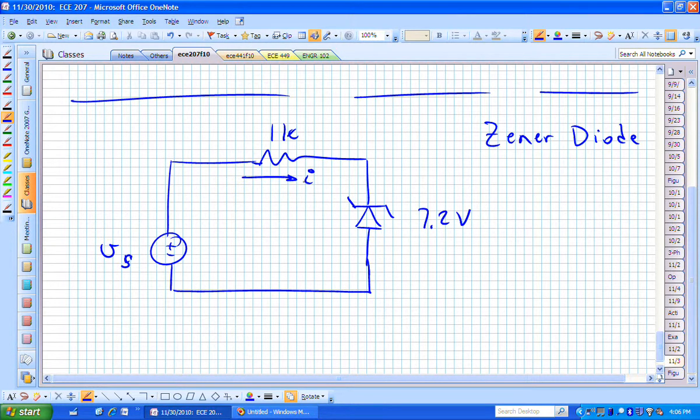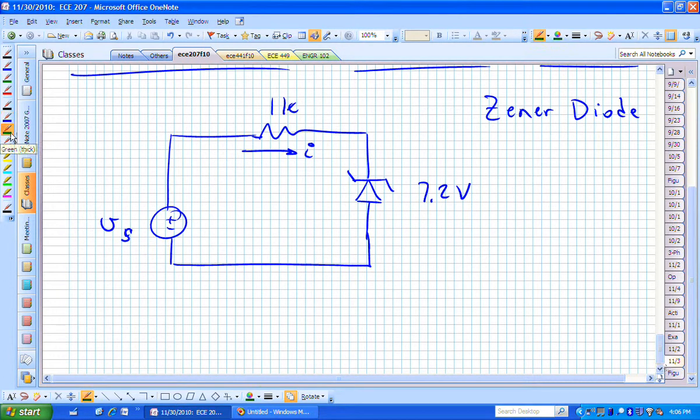Let me say this is my current, I, and I can now sketch the current-voltage relationship for this circuit. If V sub S is negative, I'm walking along my voltage axis from left to right, and if I start at the origin and walk to the left, I'm becoming more negative.